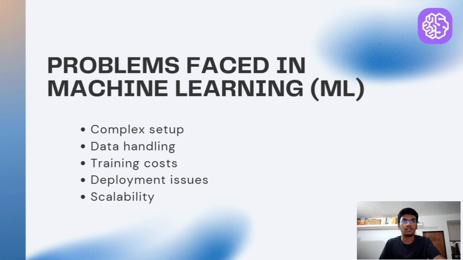Then next is training cost. Training a model requires heavy computing power, which means high cost for hardware and cloud resources. Then comes the deployment issues. Even if you build a great model, putting it into real-world use so that an application can actually use it is not straightforward.